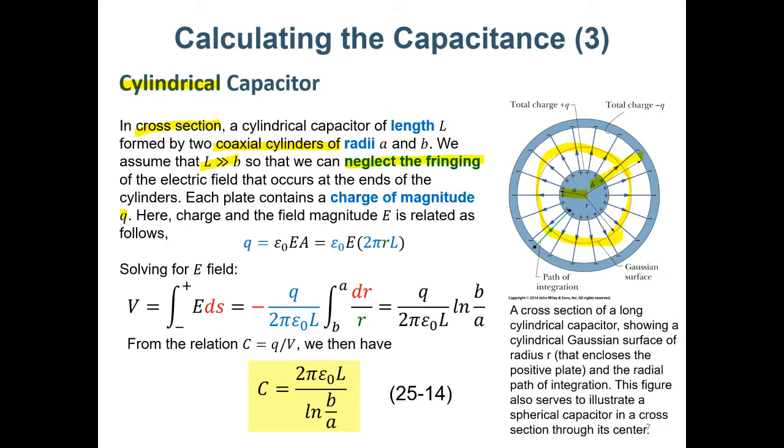The only contributing part is the side. So we consider a Gaussian surface like this. The bottom and top will contribute nothing, so all the E dot dA is contributed by the side surface.